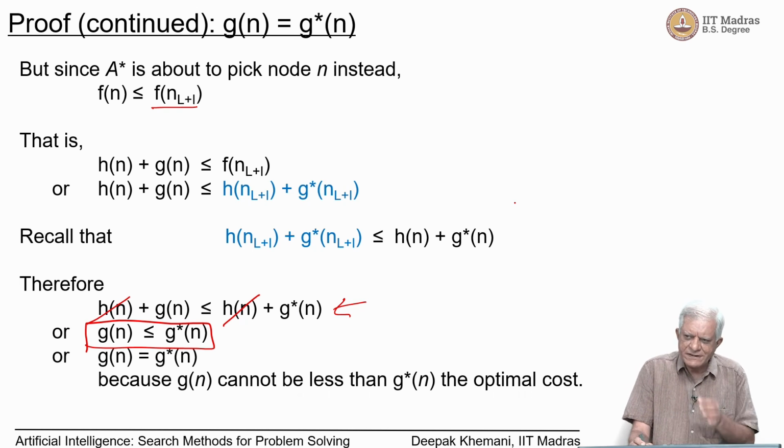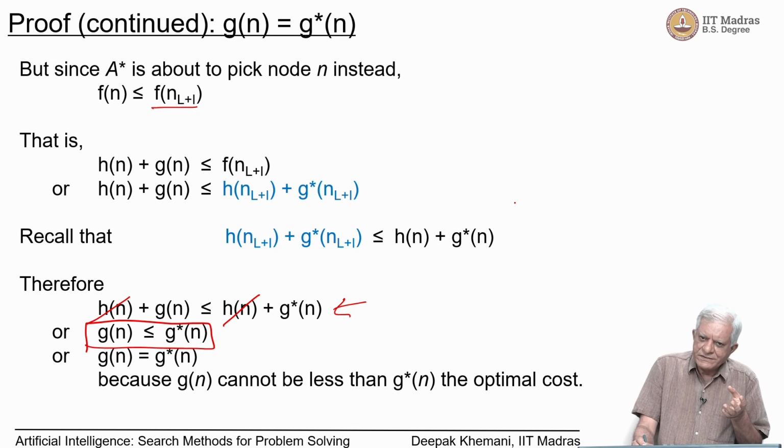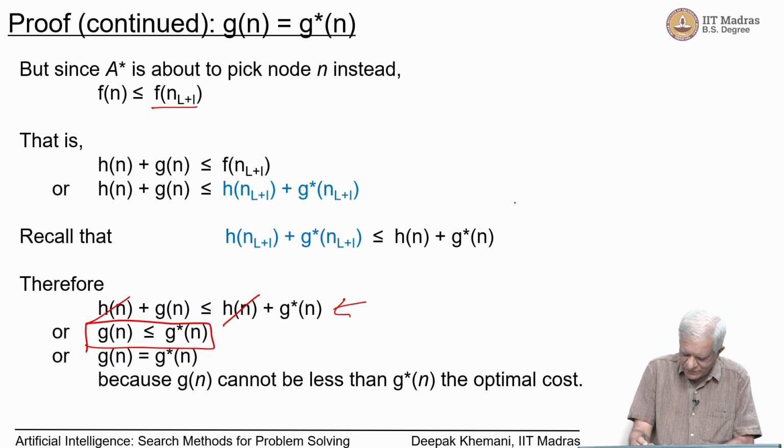So, we simply say that it is picking this node n at some point, and that there is some path to it which is optimal, and then we showed that the path it must have found to n must also be optimal essentially, which is the optimal cost.